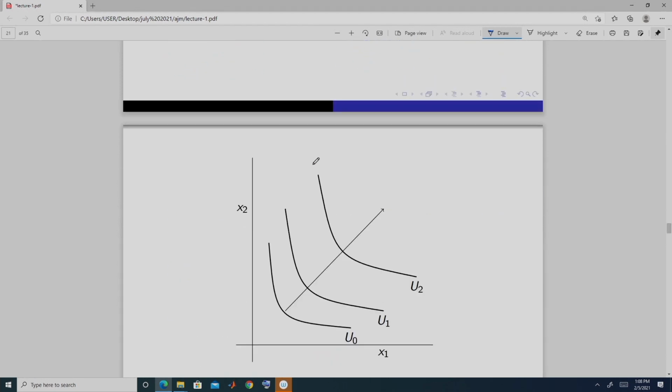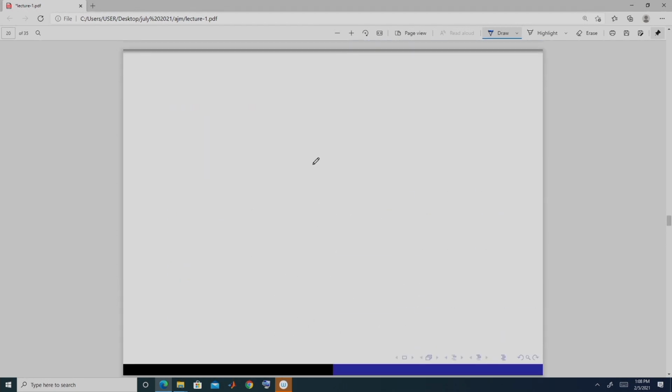Okay. So some examples of utility functions are something like this: if we are given x1, x2, where this alpha belongs to 0 and 1.